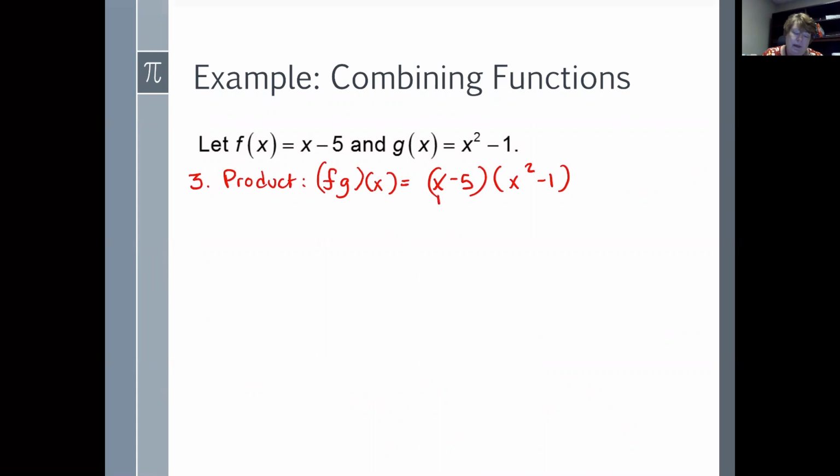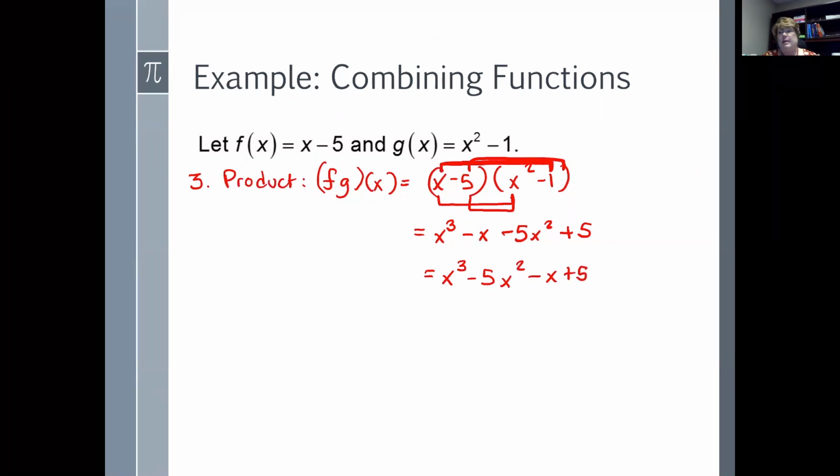First, x times x squared is x to the third. Then outside, x times negative 1 is negative x. Inside, negative 5 times x squared is minus 5x squared. And last, minus 5 times minus 1 gives me plus 5. And I'm just going to rearrange this a little bit to put it in descending order of power, descending exponents.